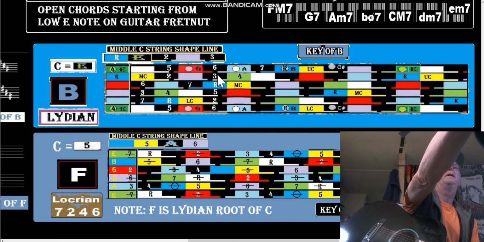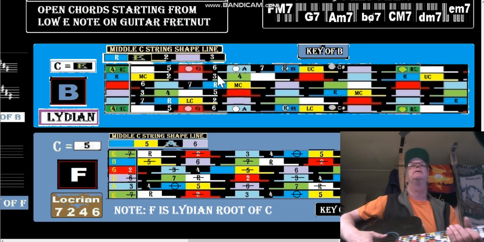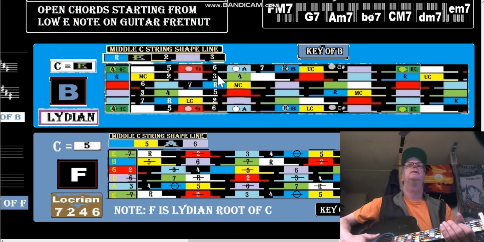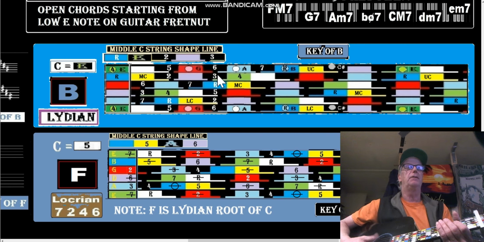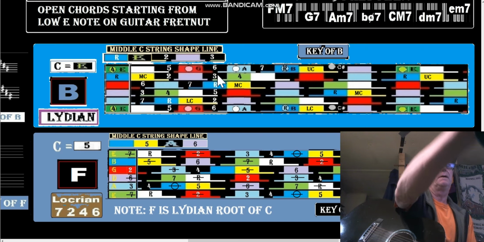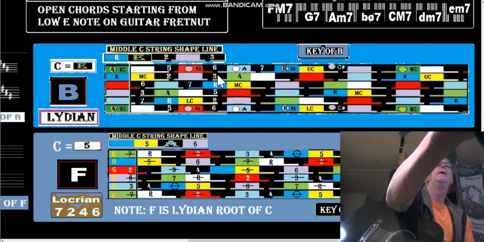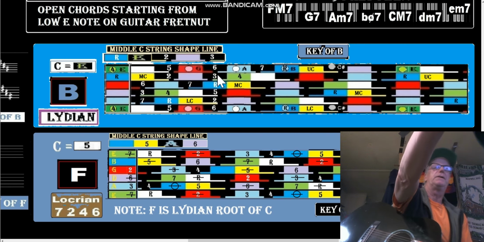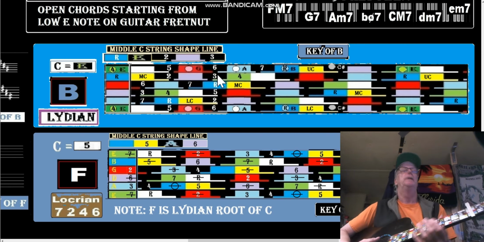But being played as a Lydian scale, it's going to be the Lydian scale of the E that is the Lydian scale of that B. So we're going to play the E scale, but right there is your Lydian fourth. So we go.